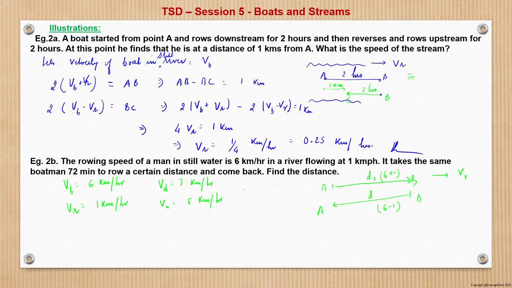From these two, the average velocity for both up and downstream is 2 into 5 into 7 upon 5 plus 7, which is 12. So this becomes 35 by 6 kilometer per hour. That is VA, right?